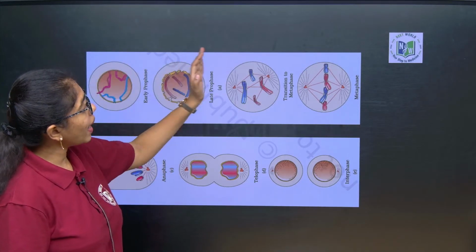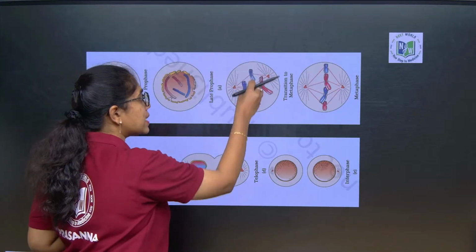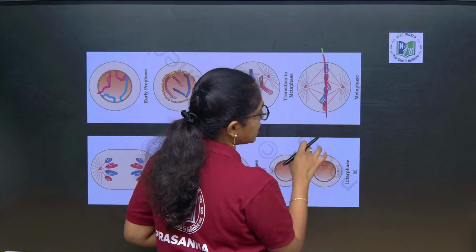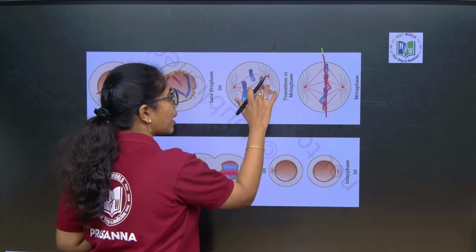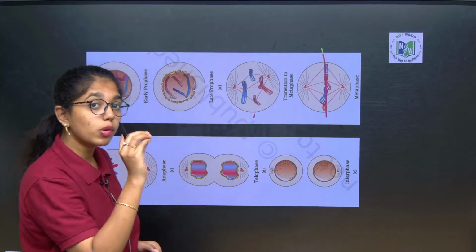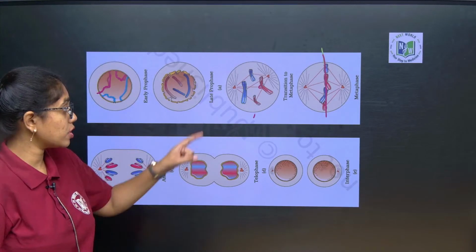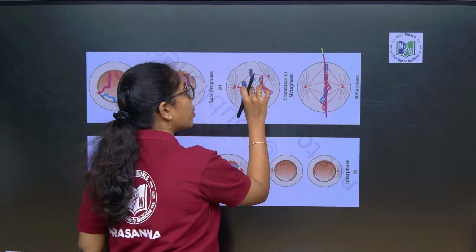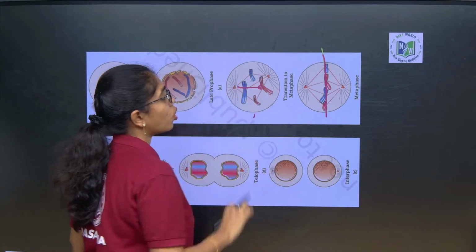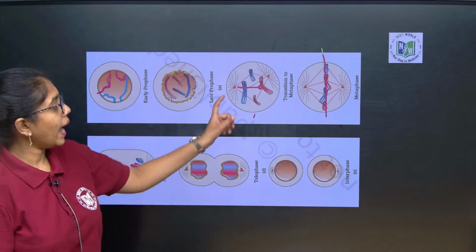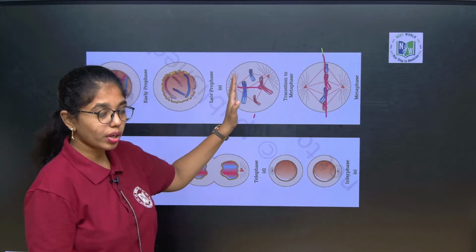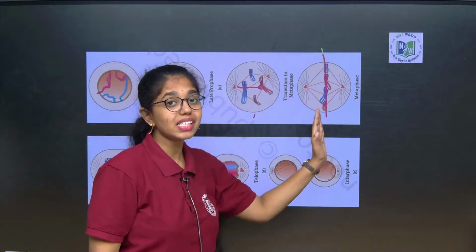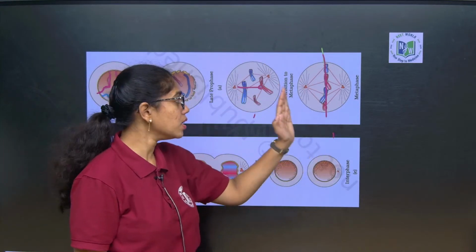They will come to the center, forming the metaphasic plate, initially through the kinetochores of each chromosome. Many times questions are asked based on this kinetochore, spindle fiber attachment. Spindle fibers attach to the kinetochore of each chromosome during metaphase, and that is how a single metaphasic plate is formed.